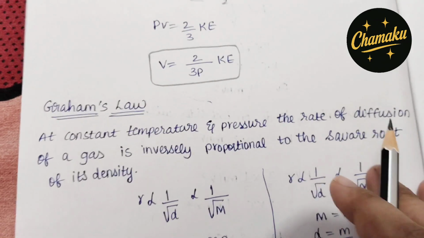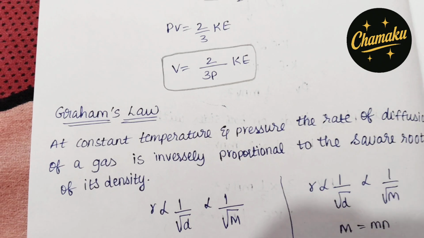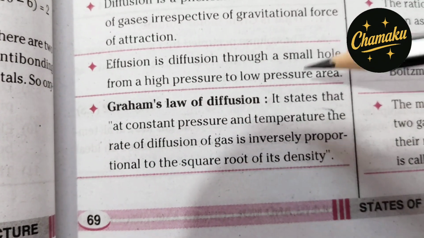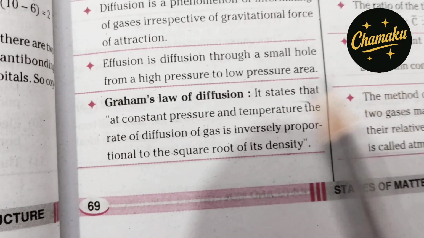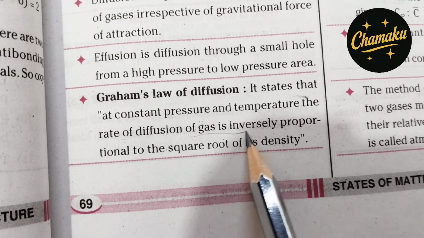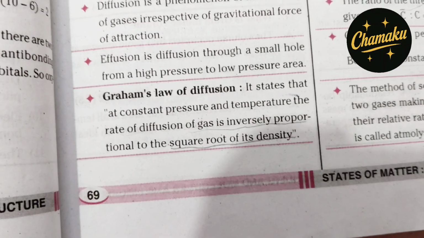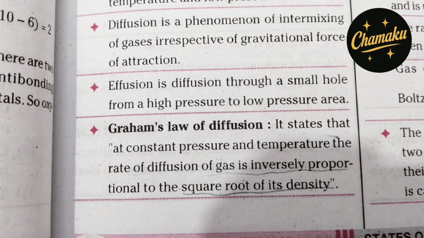Coming to Graham's law of diffusion, what is Graham's law? At constant pressure and temperature, the rate of diffusion of a gas is inversely proportional to the square root of its density, as we already learned in the previous answer.